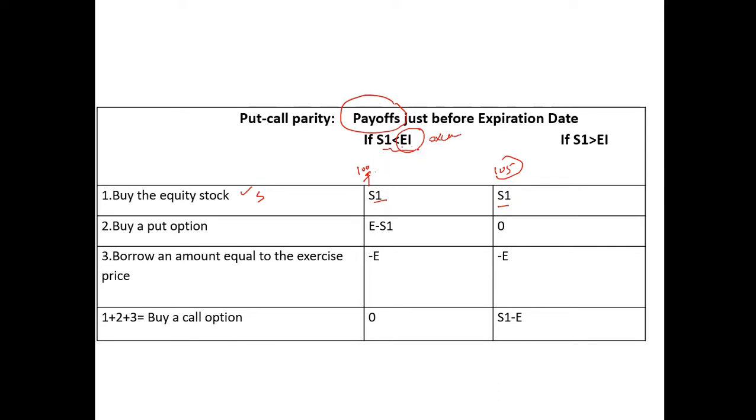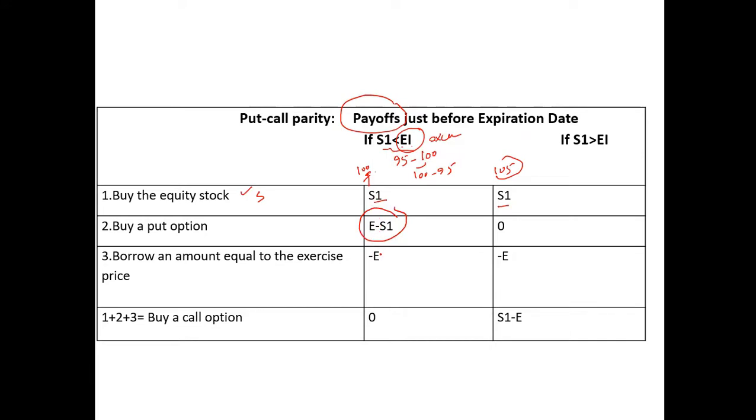Let us say the exercise price is 100, and the stock price is now 95. The payoff is 100 minus 95. So it will be profitable only in this situation, if the stock price is lower than the exercise price.